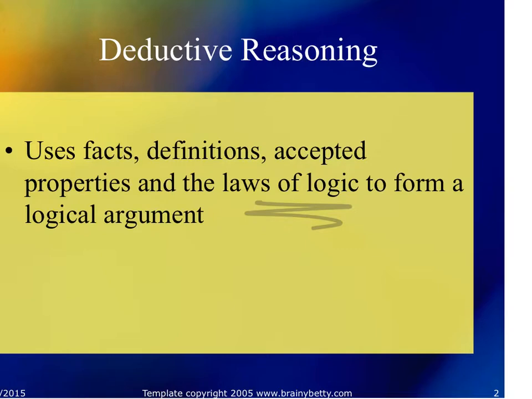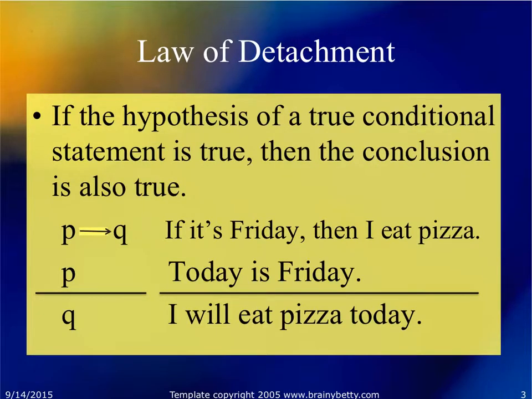All right, let's see what the first law is. The first law is called the law of detachment. The law of detachment states, if the hypothesis of a true conditional statement is true, then the conclusion is also true.